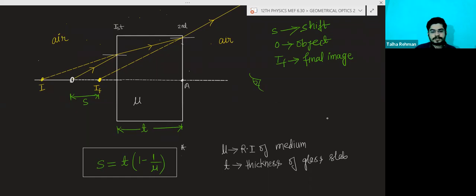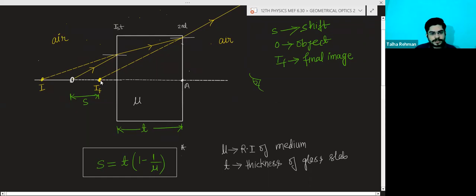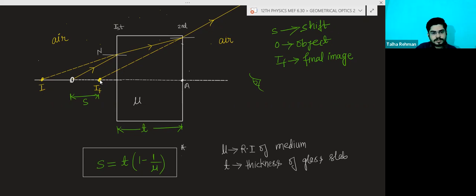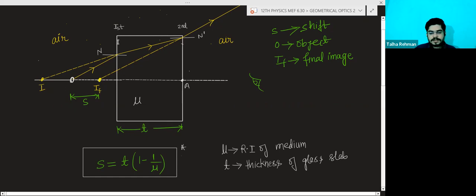So finally, where the image you are getting, here you are getting the image. This is normal and this is also the normal. This is the first surface, from this surface the refraction is taking place, from this surface also the refraction is taking place. We will apply Snell's law here, and then here we will get this result.